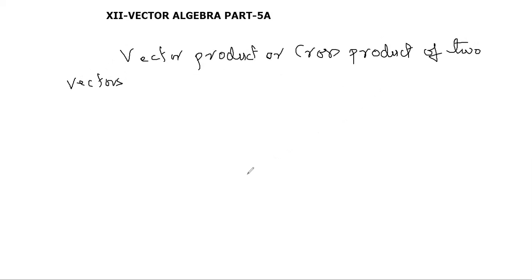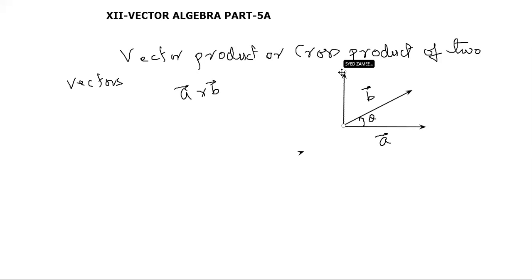So A cross B. Suppose this is vector A and another vector is B, and they are co-initial vectors, and the angle between them is theta. When we have to find A cross B, we are moving from A to B. So when we move from A to B, the unit vector perpendicular to both the vectors will be upward.